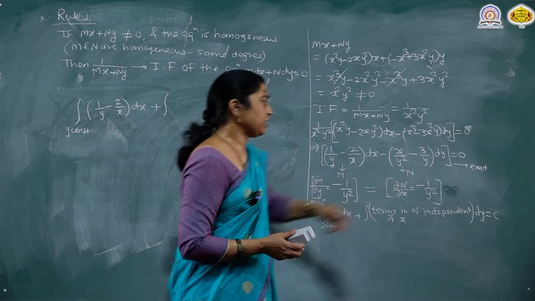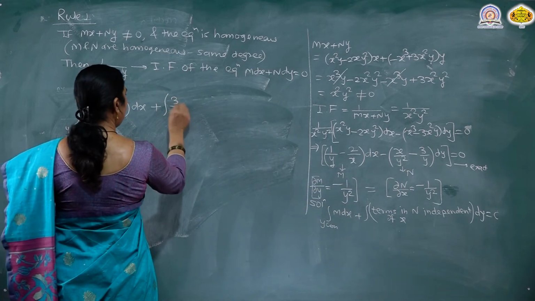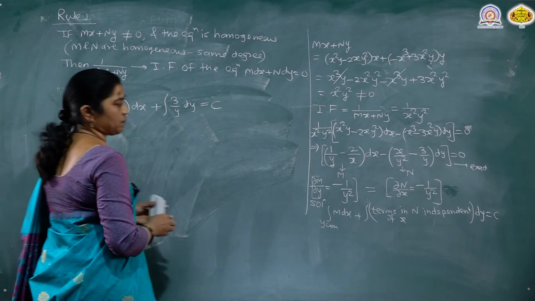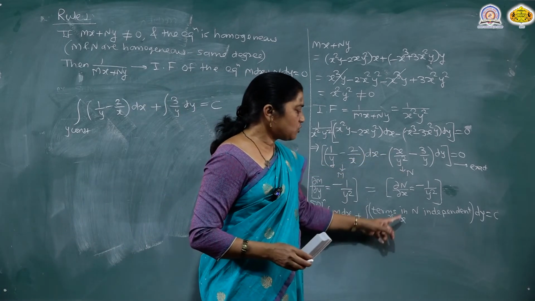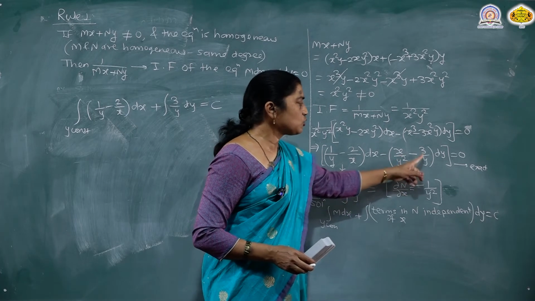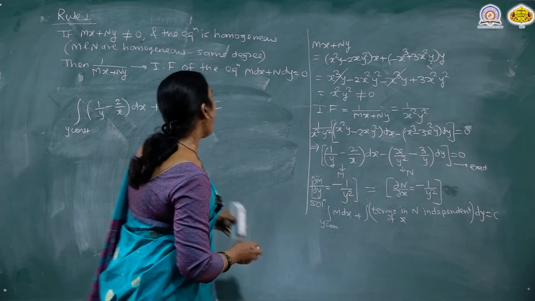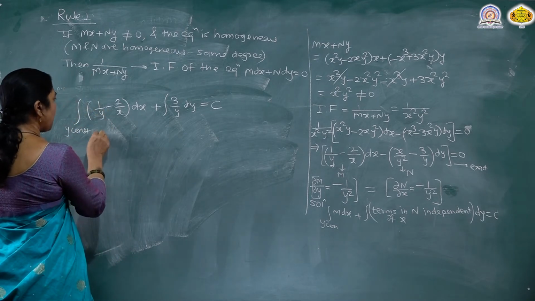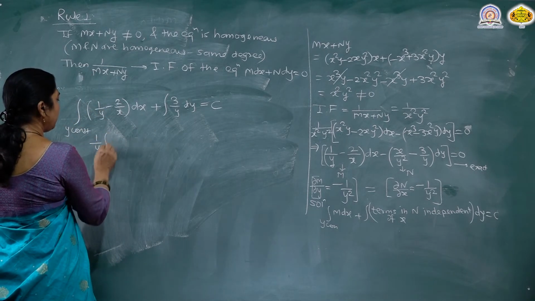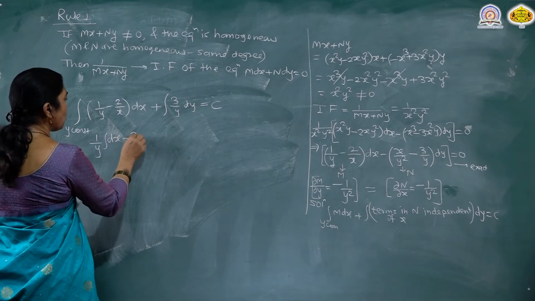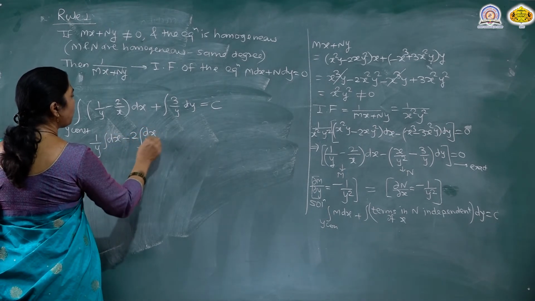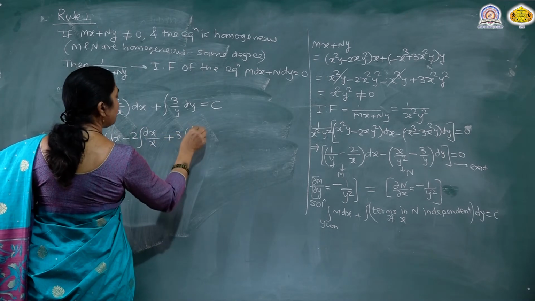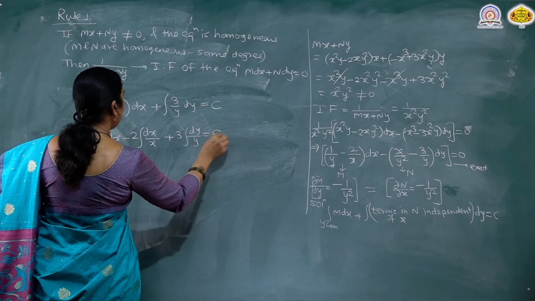This minus minus becomes plus, so plus 3 upon y dy is equal to c. This term contains x, and we don't want the terms containing x, so only this term remains and we are going to integrate this. Because y is constant, this becomes 1 upon y integral dx minus 2 integral dx upon x plus 3 integral dy upon y is equal to c.